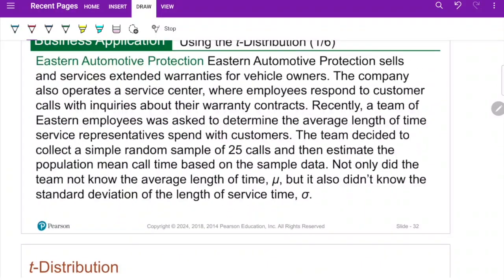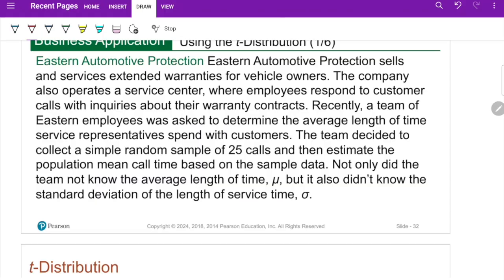Example. Eastern Automotive Protection sells and services extended warranties for vehicle owners. The company also operates a service center where employees respond to customers' calls with inquiries about their warranty contracts. Recently, a team of Eastern employees was asked to determine the average length of time service representatives spent with customers.